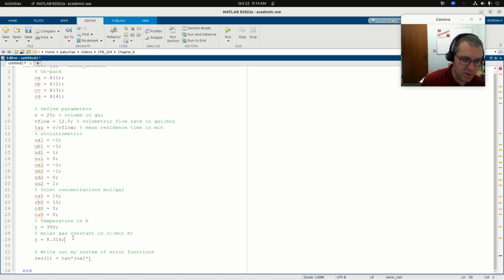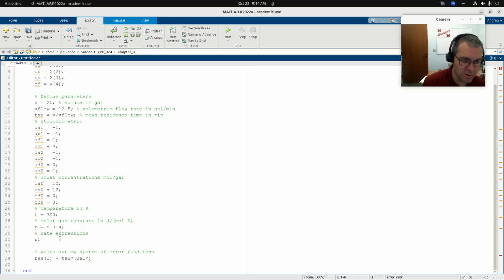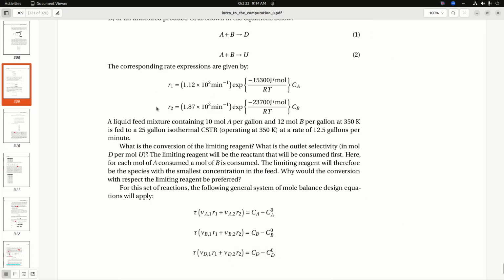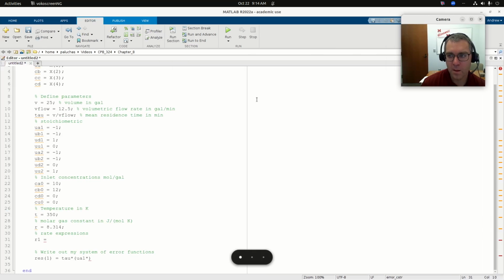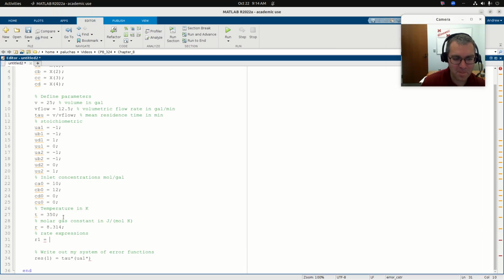All right, so now we can get my rate expressions. I'm going to write out my rate expressions just so that my error functions become easier to write. And so R1 of my pre-exponential term, I'm not going to write the units or anything. My units will check out with all the values I'm given. If it were a real problem, you might need to check.